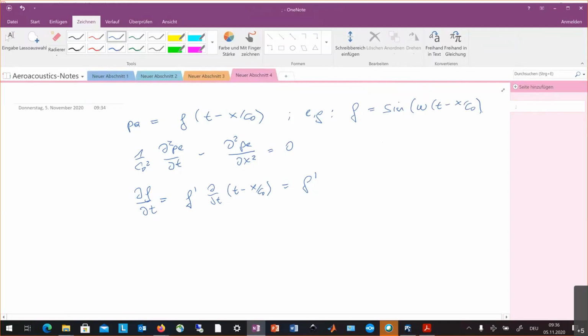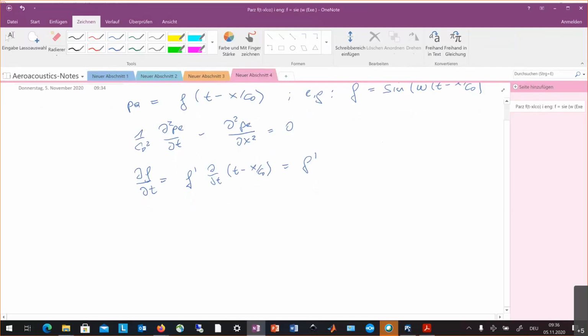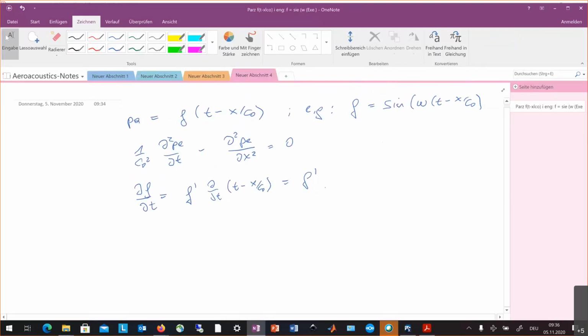Okay, so we see this is the case, which means also that when we take the second derivative with respect to time, it's just f double prime. On the other hand, we have to do the derivative of f with respect to x.